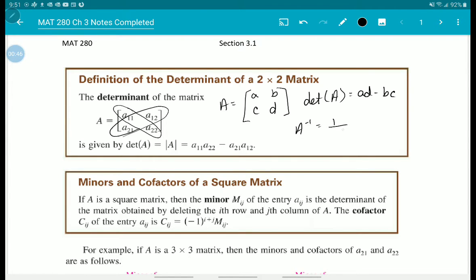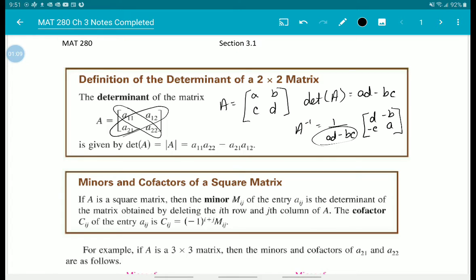We said that the shortcut for a 2 by 2 is 1 over that AD minus BC, which is 1 over the determinant times this matrix. So that determinant plays a role in that. And we'll see other uses for determinants later on.